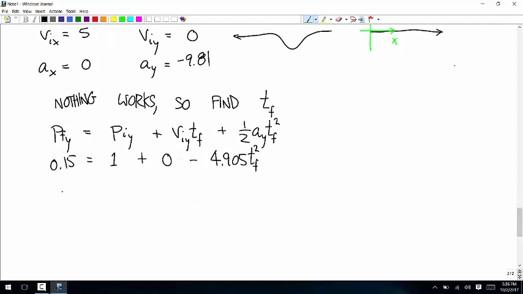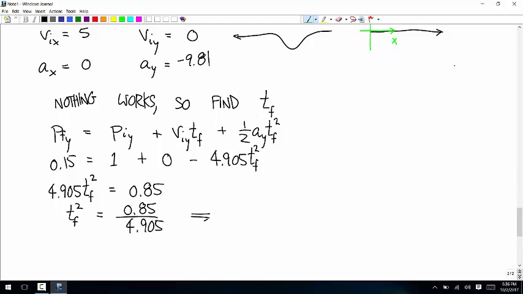So if you rearrange this, you get 4.905 TF squared is equal to 0.85. So T final squared is 0.85 over 4.905. And can someone take the square root of that?